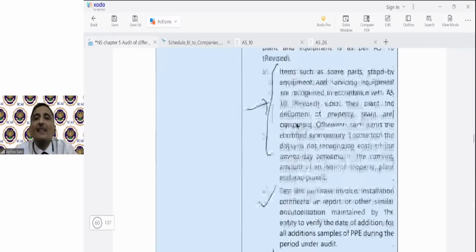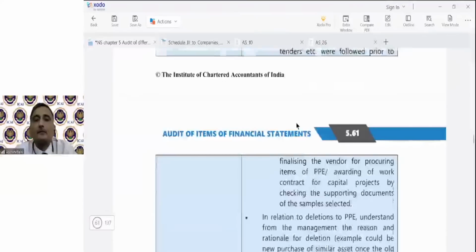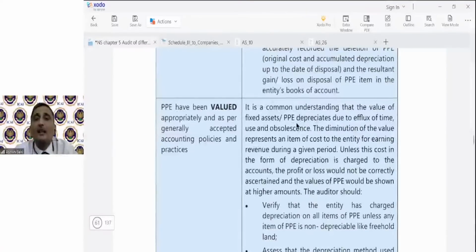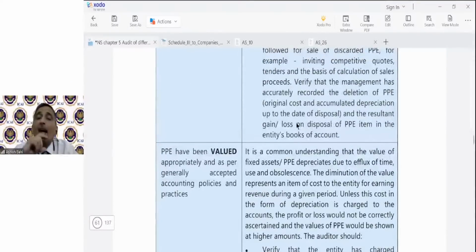So all these kind of things are general things. And by verifying the purchase invoice, students, you also test the rights assertion. You also know that the company has a right over that PPE item, over that property. Okay.